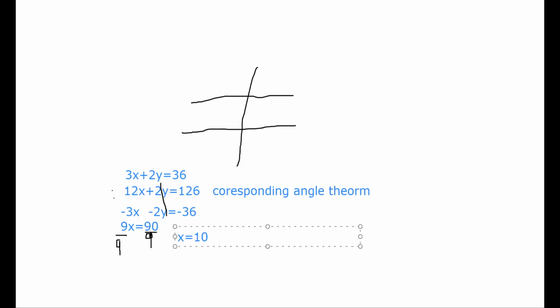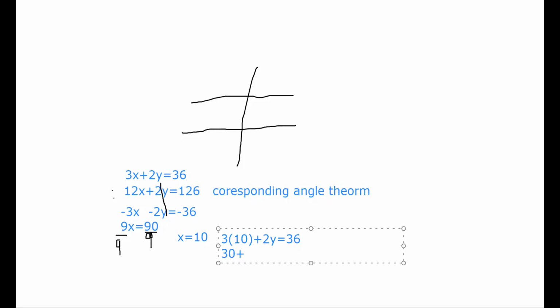And then how can I find y? I'm going to substitute in any one of here to find my y. So let's use the first one, for example. So 3 multiply 10 plus 2y equal 36, right? So 30 plus 2y equal 36.